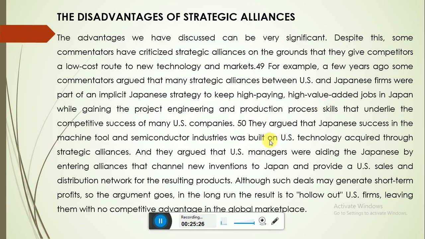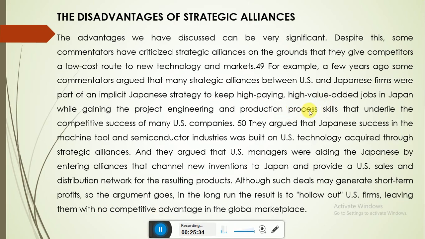And also they say it leaves the US firms with no competitive advantage in the global marketplace, because now United States companies have shared everything with the Japanese firms. So the Japanese have used this, and they built their products with quality, and now people are depending on Japanese products.